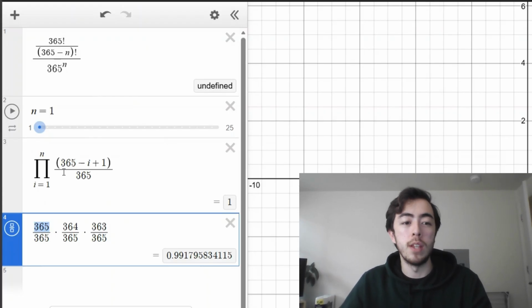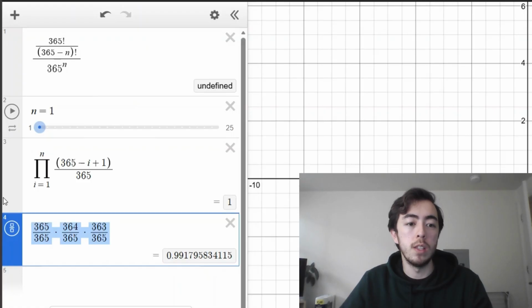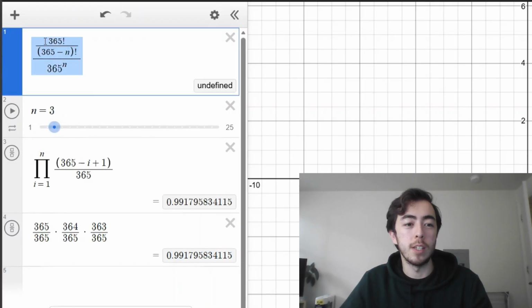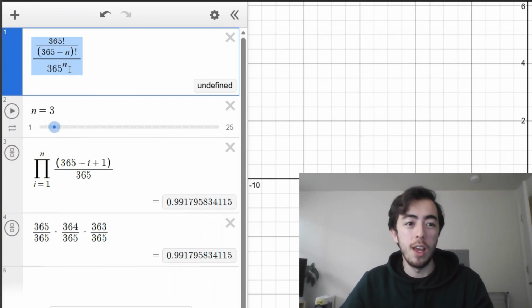Then I'll multiply by the next thing when i is equal to 2. I'll be subtracting 2 now instead of 1. So overall, I'll be getting a 364 in the numerator. 365 stays the same. So if I do n equals 3, this product expression will get the same value down here. And ideally, this expression up here would have had the same number. It's just that Desmos is calculating those factorials first, and these numbers are getting way too big, way too quick.